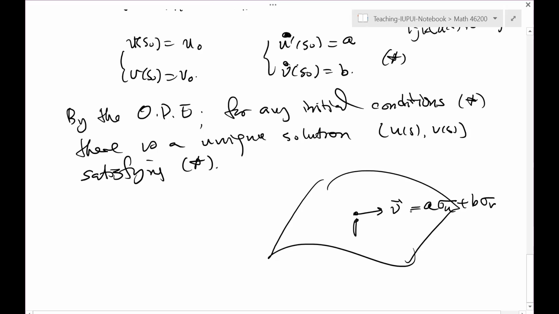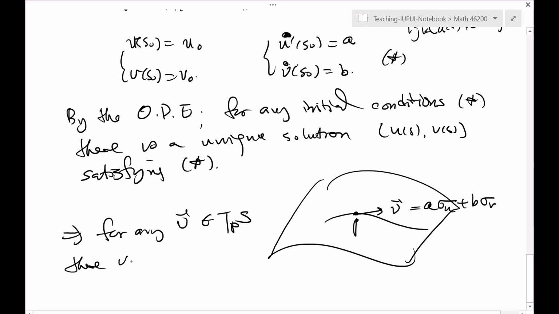So this implies that for any tangent vector in the tangent plane, there is a unique unit speed curve.